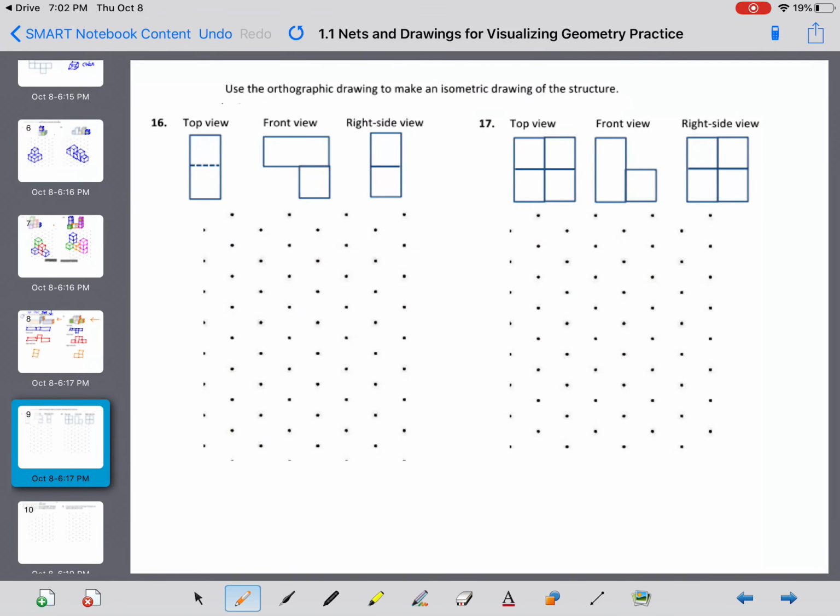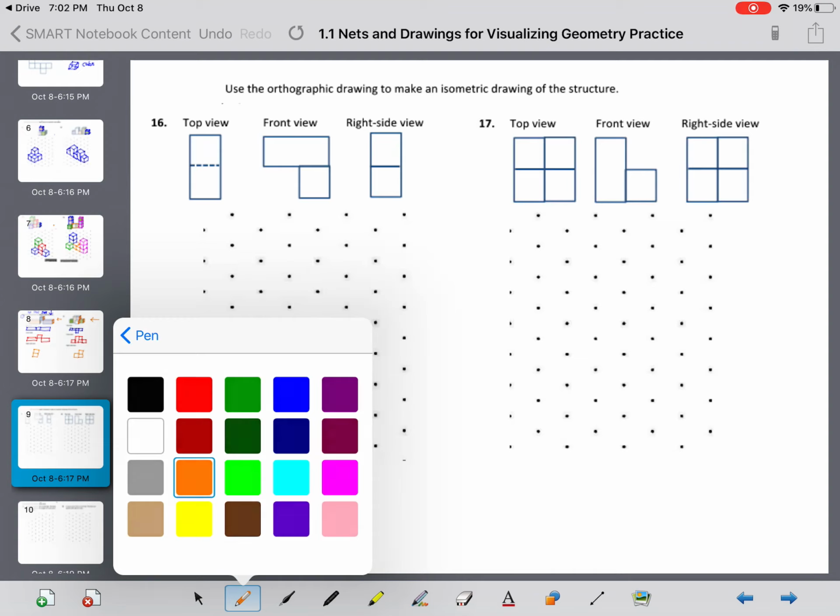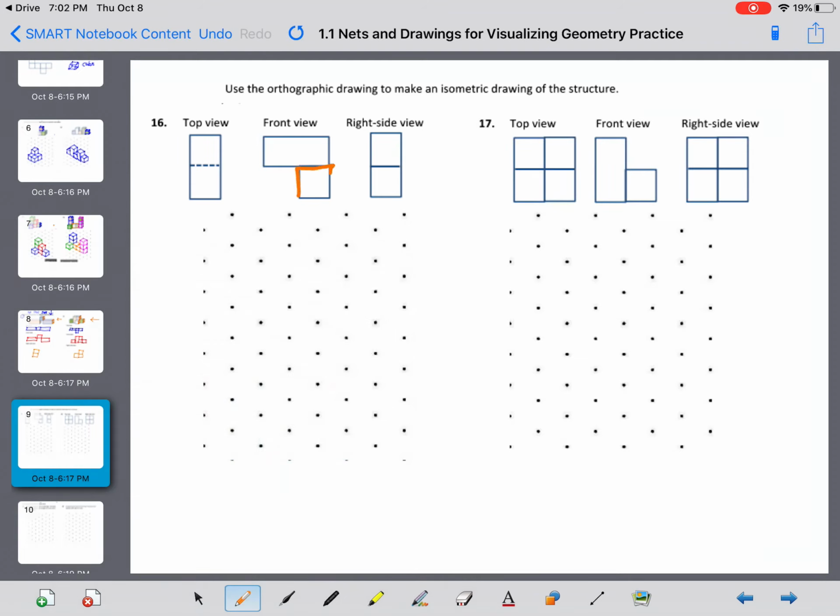Okay. It says use the orthographic drawing to make isometric drawings of the structure. The easiest way to go about this is to use the front view first. Okay? The front view has a square and a rectangle.